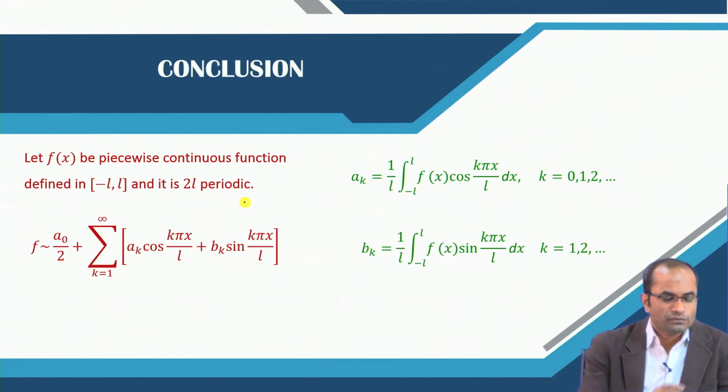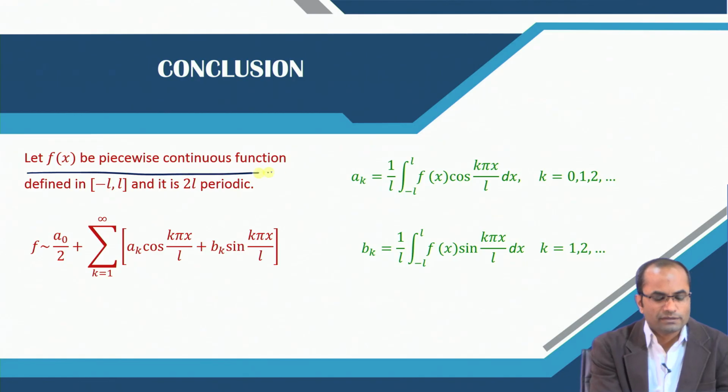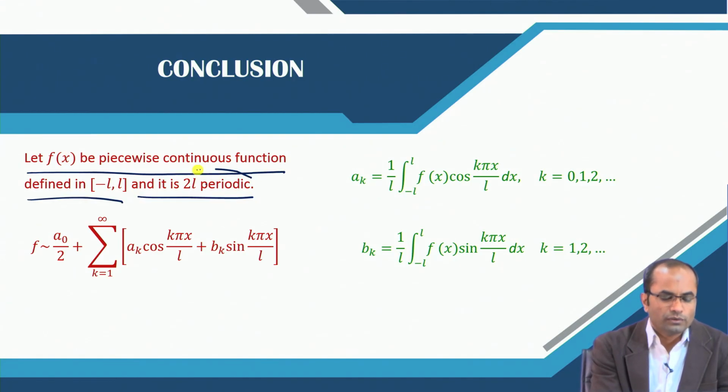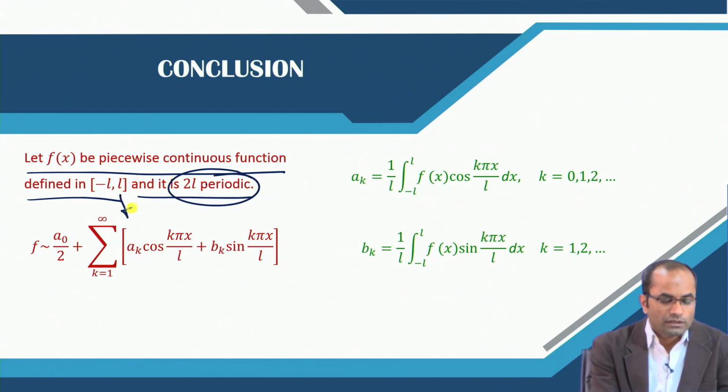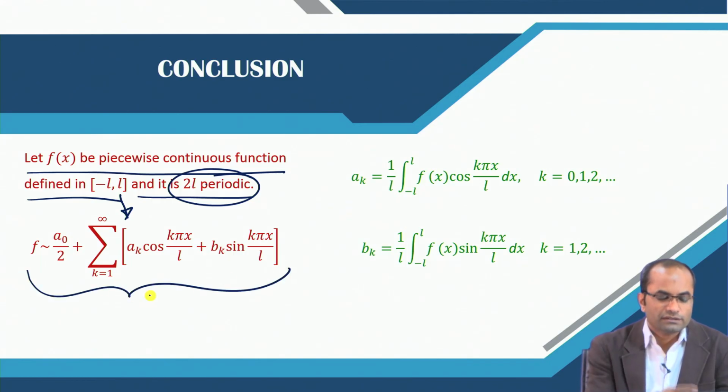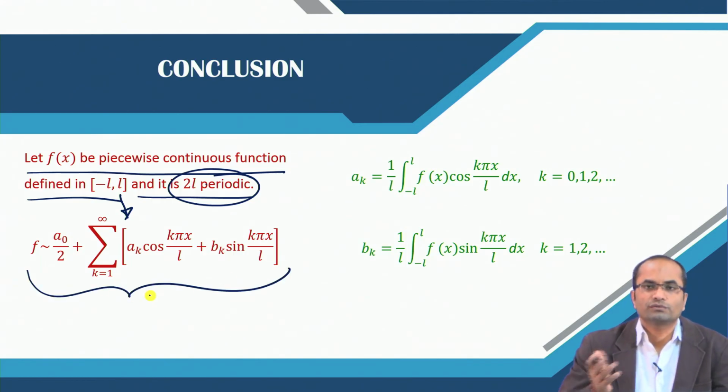And just to conclude, we have discussed that if f x is piecewise continuous, defined on this interval, whether or not it is 2L periodic, it does not matter, we can write down the Fourier series, and this Fourier series, if it converges, will converge to a 2L periodic function.